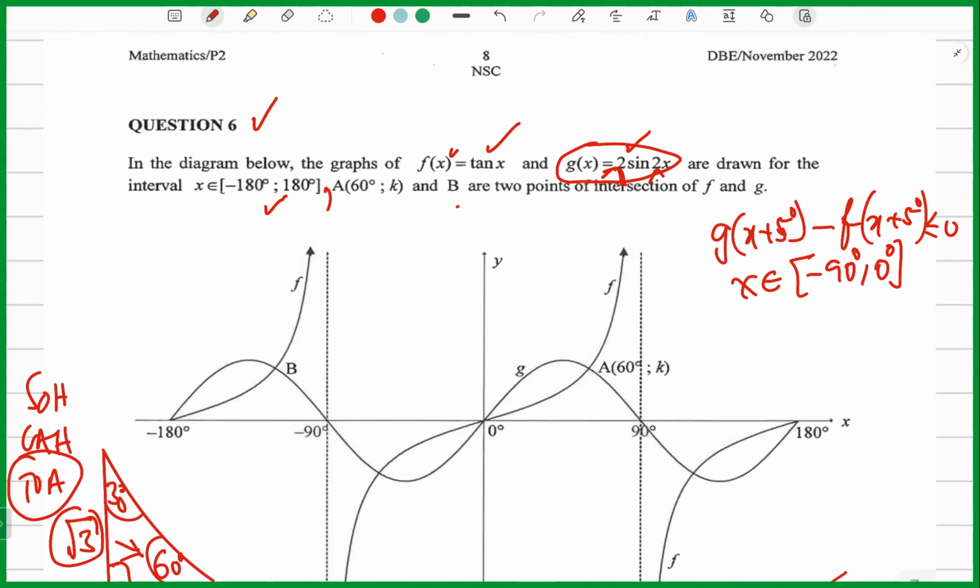Now, if you look at this carefully, you are really saying the difference between the functions, f minus g, is less than or equal to 0. But you are focusing between minus 90 and 0 degrees. So here is minus 90 and here is 0 degrees, and from here to there the difference between the functions is negative or 0.